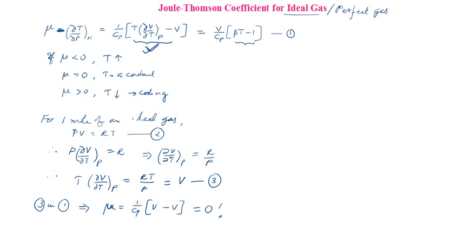What we have proved is that for an ideal gas, or for a perfect gas, the Joule-Thomson coefficient mu is equal to 0. What does it mean? We have discussed the second case: whenever mu equals 0 for a system, the throttling process will not change the temperature of that system. So the throttling process, or the porous plug experiment, or Joule-Thomson experiment, will not produce any change in temperature.